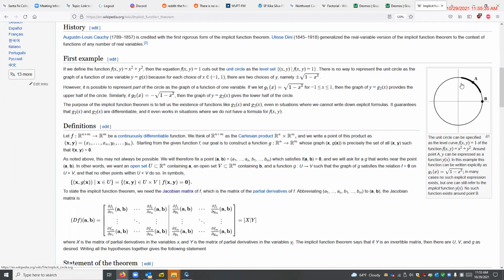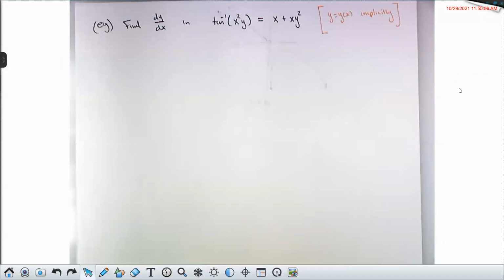But if you just look at one little part of the circle, as long as you stay away from this point and this point, you can think of any little part of the circle as being the graph of a function. For example, just the bold part here near the point A, if you delete everything except for that, that does pass the vertical line test. So we can implicitly think of that as a function. And that's what I mean when I say this. So even though this whole curve may not give you a function, you can look at any individual part of it and think of that as a function.